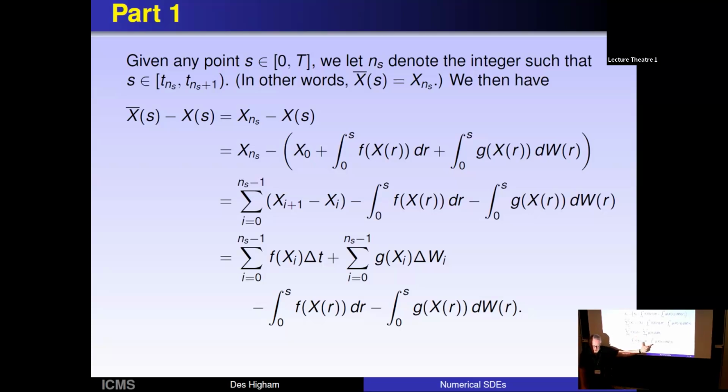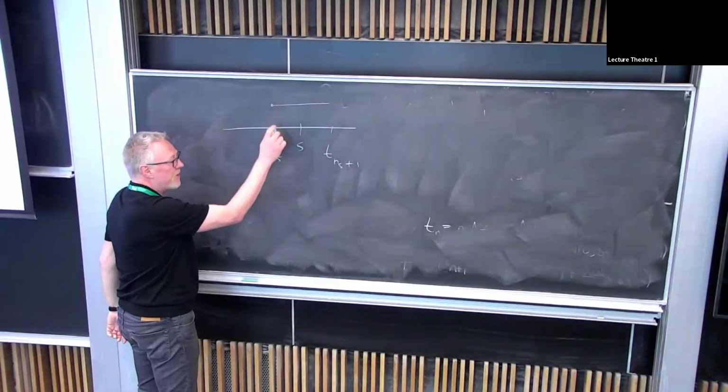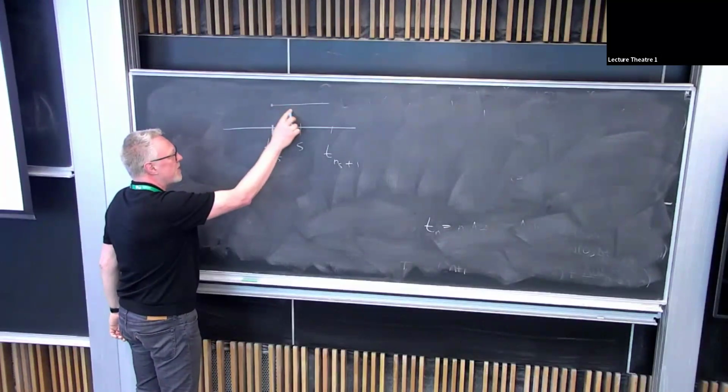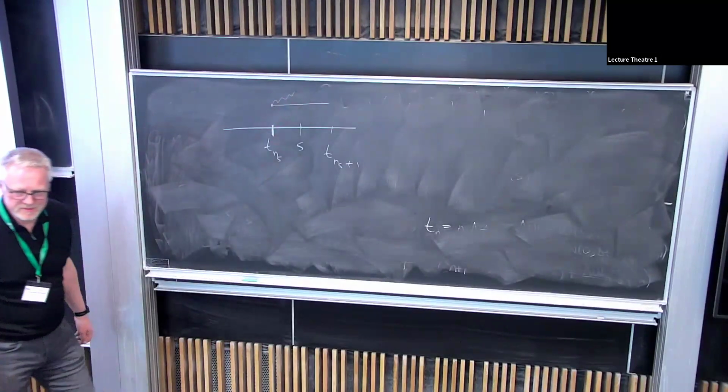So Euler-Maruyama is essentially doing Riemann sums, and we're looking at how much error we create when we do that. But notice that we're only going as far as n_s here. So the Euler-Maruyama solution essentially stays constant over that interval, whereas the true solution changes. So that's going to come into this analysis.